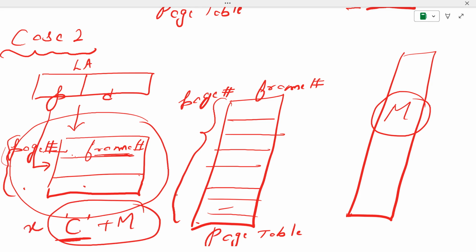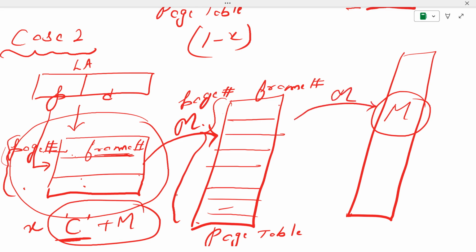But what if it is not found here? In case of 1 minus x, that is if it is a miss, then you need to go inside the main memory. It will take m time to search for the corresponding frame number, and again m time to search for that particular page inside the main memory. So it takes c plus 2m time in case it is a miss.